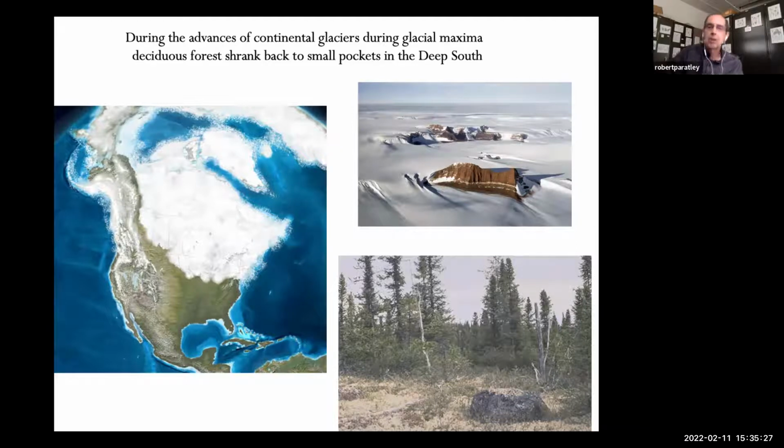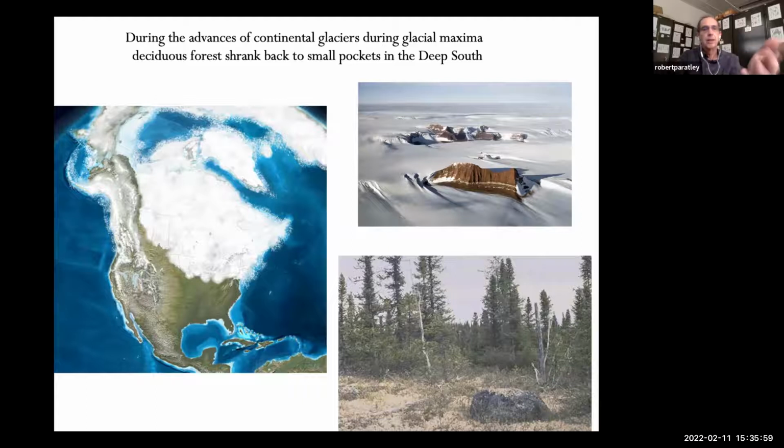It was probably some kind of open woodland and tundra that you might find in northern Canada. Okay, so what does that mean? So there's no deciduous forest here during these 20 glacial maxima, each one of which lasted for approximately 100,000 years. And the warming in between the glacial periods is actually much, much shorter, on the order of 10,000 years.